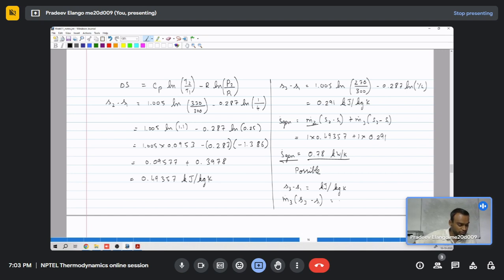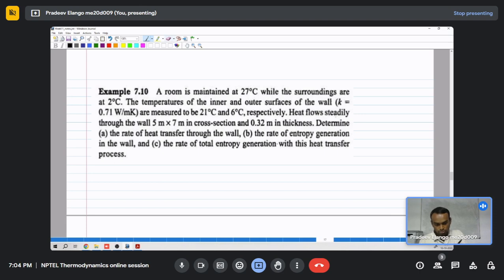So this becomes kilogram per second into kilojoule per kilogram Kelvin. The kg will go off, then I have kilojoule per second Kelvin. Kilojoule per second is kilowatt, so kilowatt per Kelvin. Right, sir. Understood. So this is the rate at which the entropy is generated. Next problem.